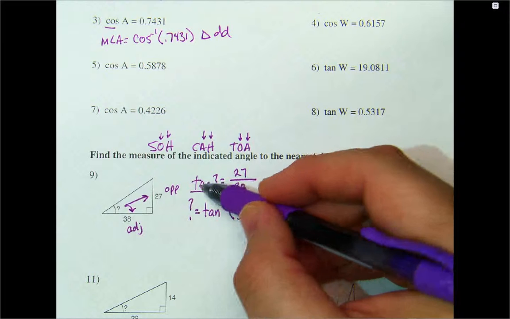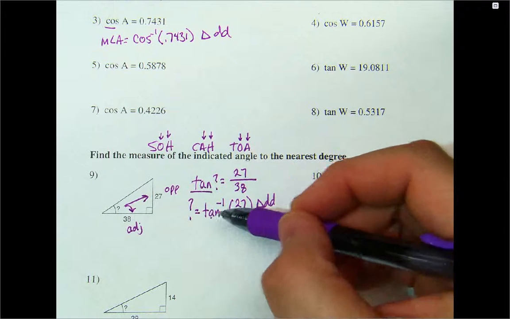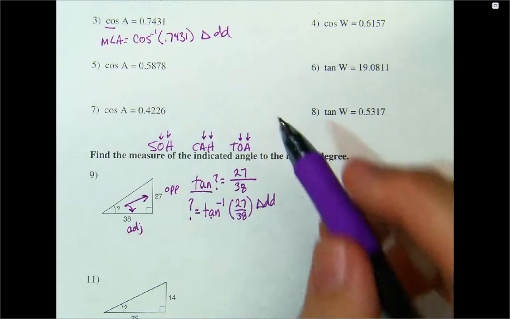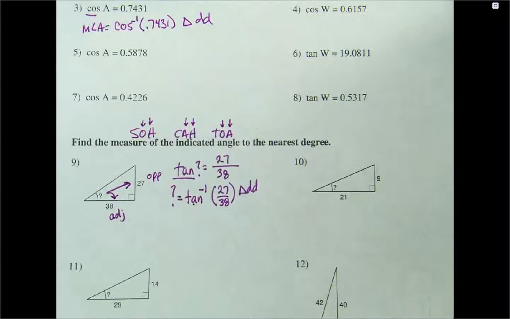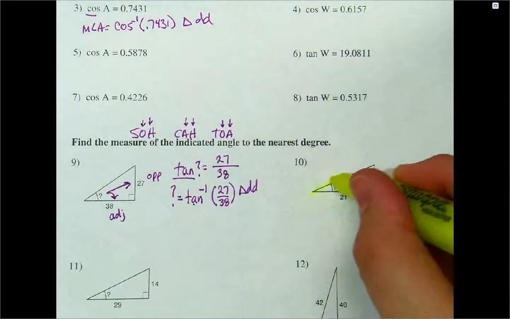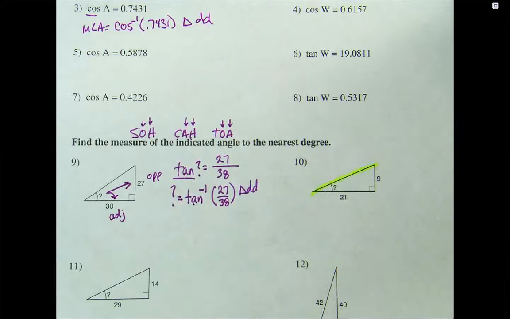Now, remember, if you're still having problems figuring out what's what, I always say go for the hypotenuse first. Like, for example, this guy, the hypotenuse is this line right here. That's my hypotenuse. Because then you can figure out opposites and adjacents a little bit better.